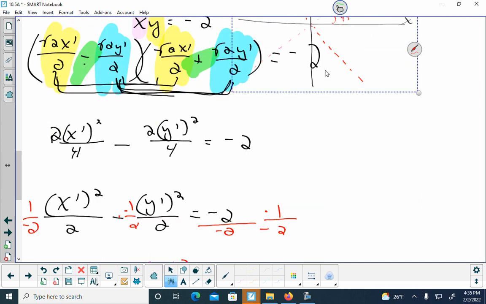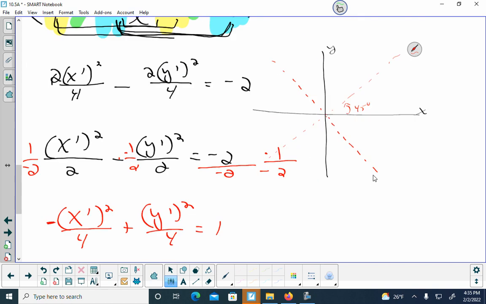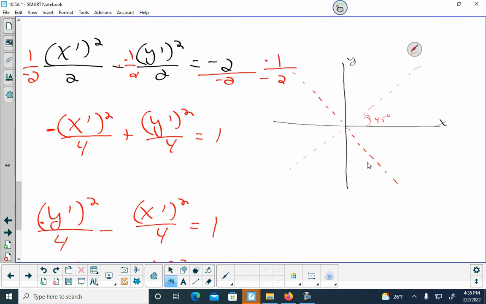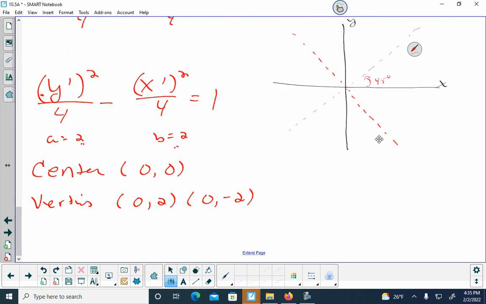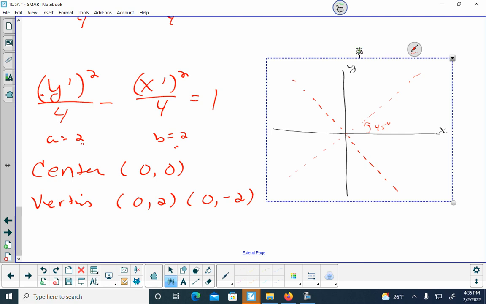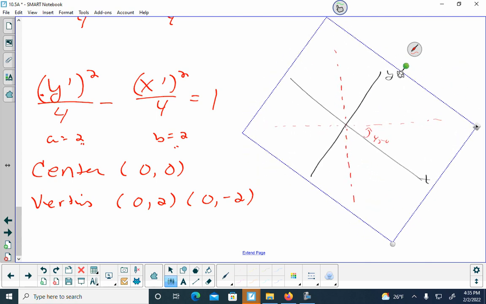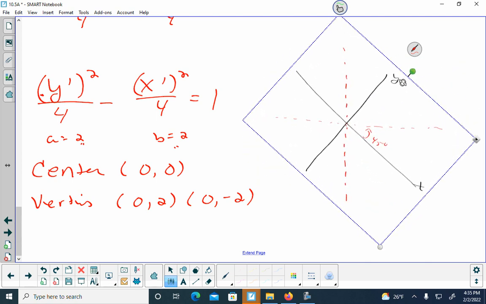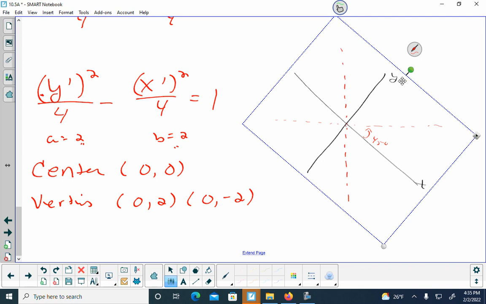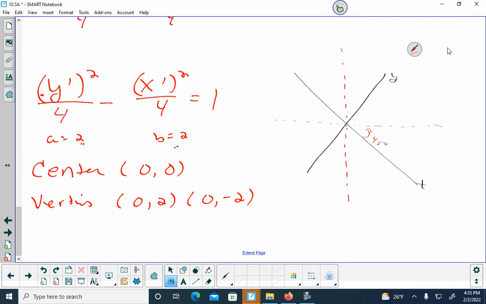And in order to graph this, I am going to rotate it so that the new axes are like that. You're going to actually physically pick up your piece of paper and turn it. And now, when I do that, this is my new x. This is my new y. This is what I'm graphing in my new x and my new y.